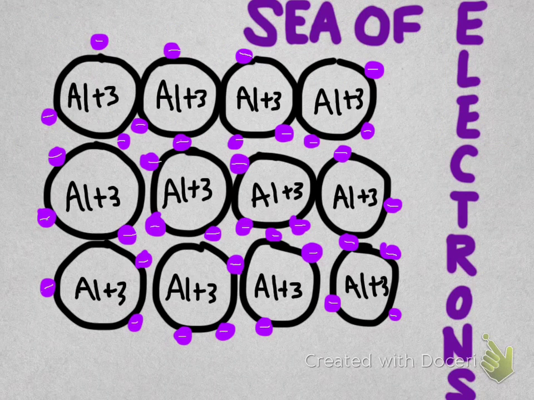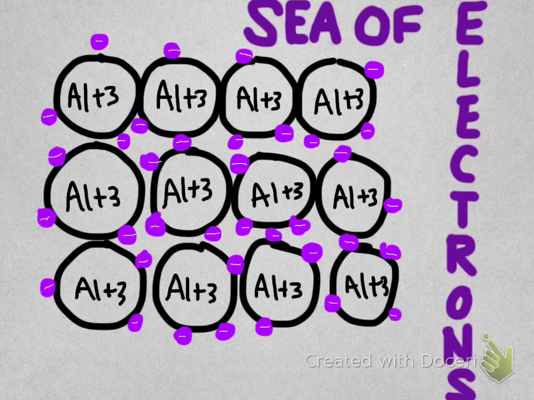So what I've drawn here is called the sea of electrons. Basically, what's happening is we have the positive metal ions and negative valence electrons. The valence electrons aren't necessarily tied to one ion. Like a sea, like the waves, they flow through freely, and they aren't attached to a specific one of those aluminums.